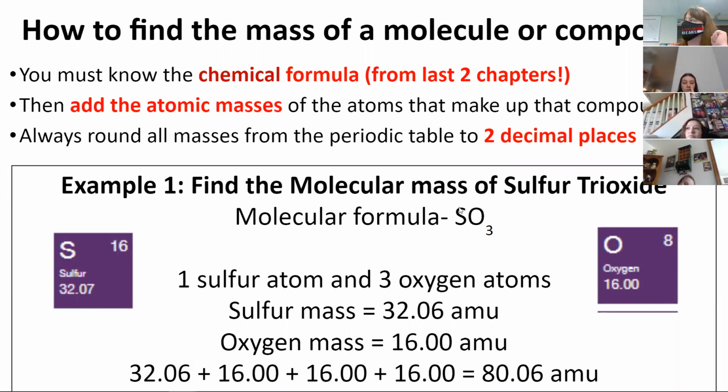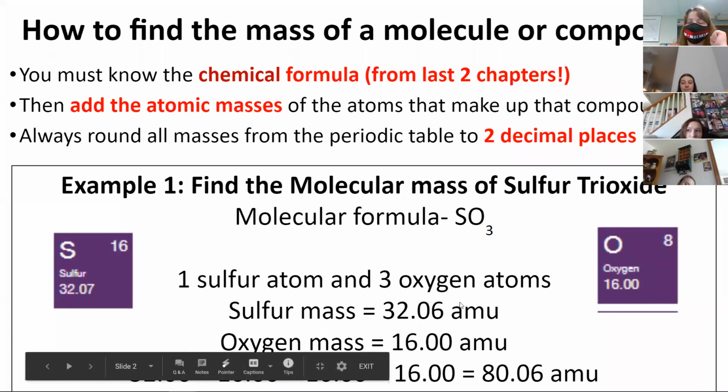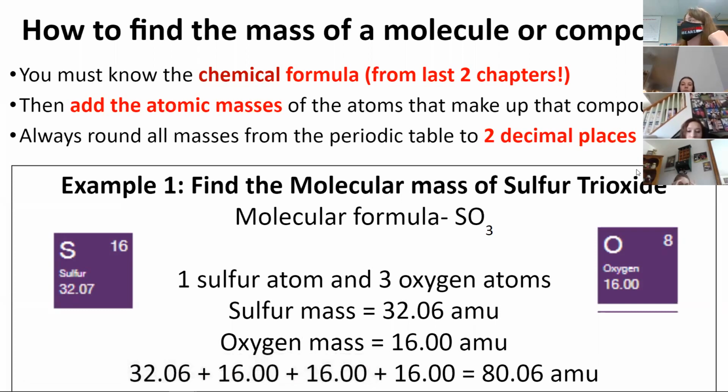So in the case of SO3, there is one sulfur atom, but this 3 tells us there are 3 oxygen atoms. So we find the mass of sulfur, we find the mass of oxygen, and then we figure out how many we have of each to get the total mass.